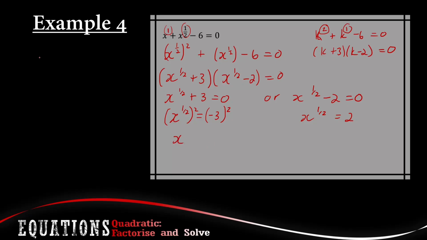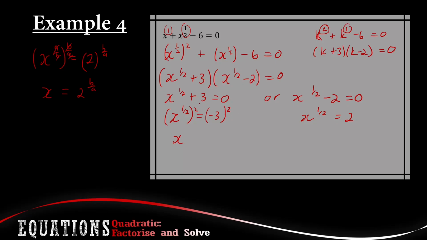So let's say you had x to the power of a over b, and that is equal to something, let's say 2. To get rid of that a over b, all you do is put both sides to the power of b over a. Then that would cancel, and you'd be left with x equals 2 to the power of b over a.